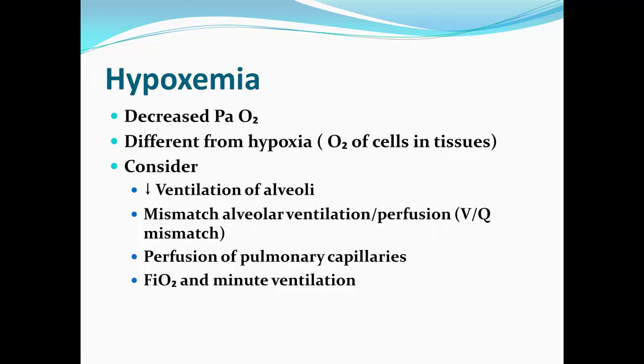So let's take just one more look at that alveolar to arterial gradient. What's important is when we look at that difference, we're assessing the integrity of the alveolar capillary unit.